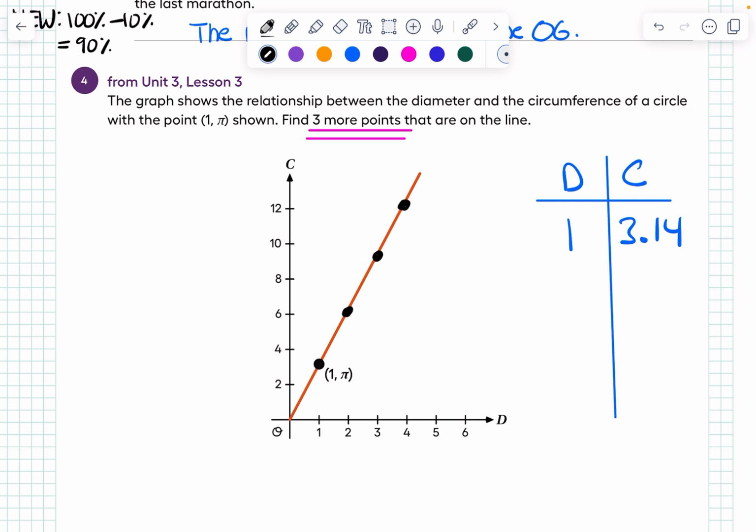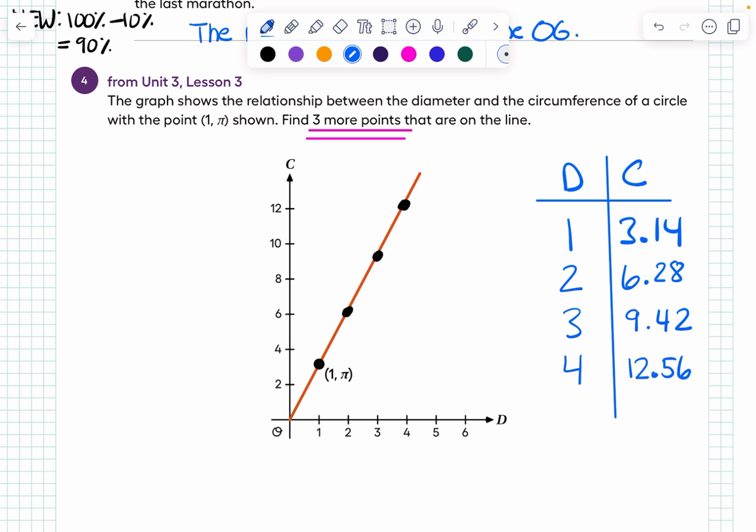Okay, so let's double this ratio. If we double 1 to pi, do you agree we'd get 2 to 6.28? And if we tripled the ratio, we would have 3, and 3.14 times 3 would be 9.42. And if we quadrupled the OG ratio, we'd have 4, and 3.14 times 4 is 12.56.